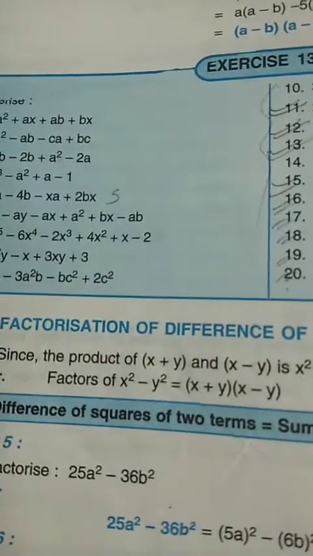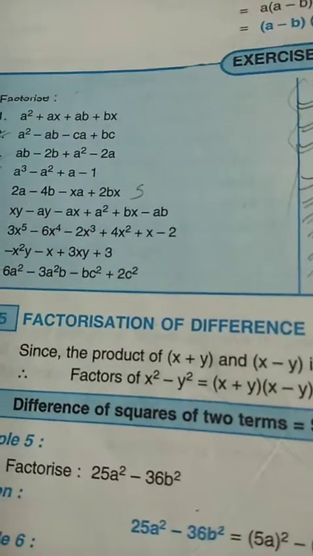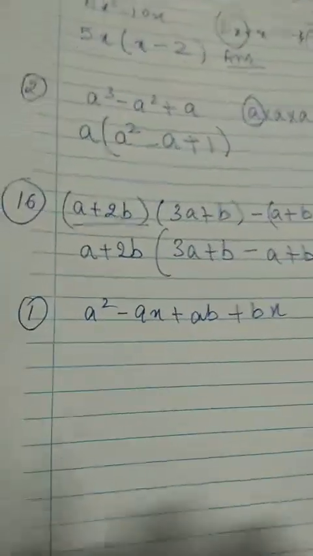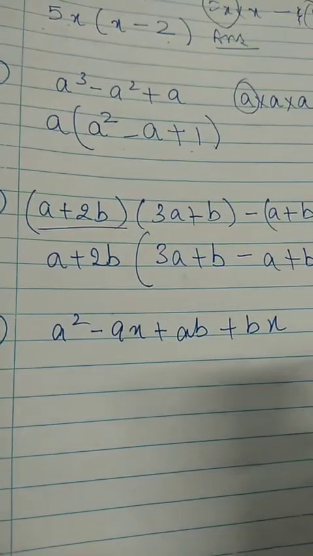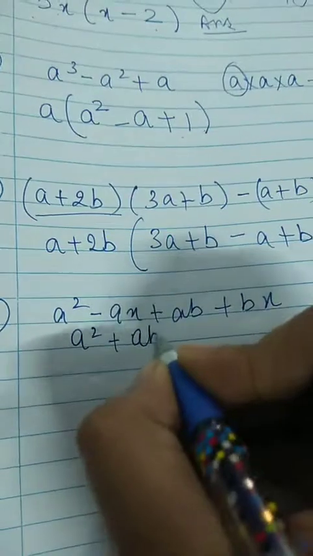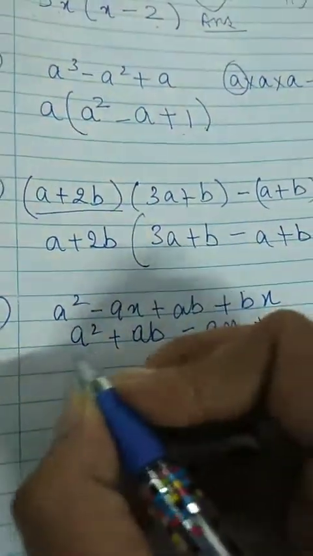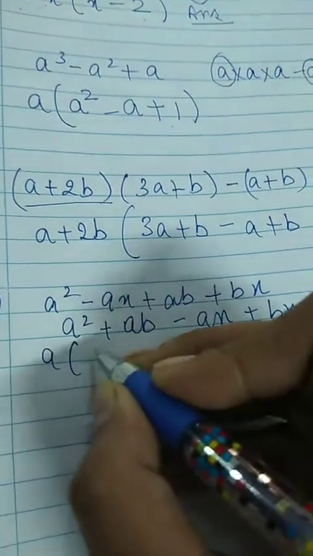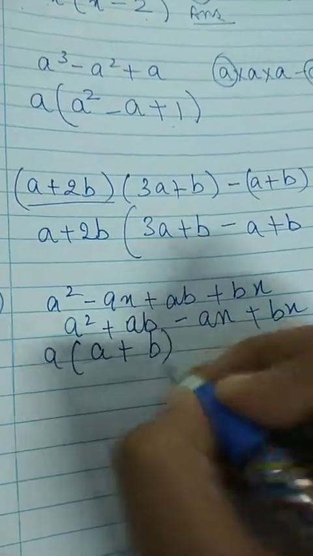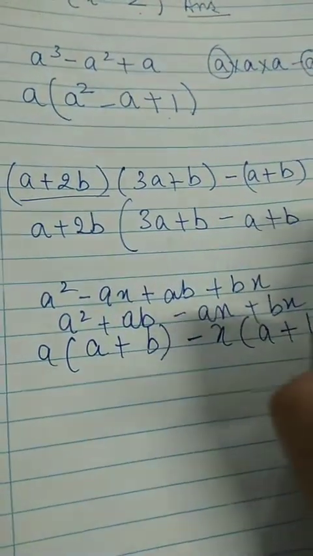You can see question number 1: a square minus ax plus ab plus bx. We can group this as a square plus ab and minus ax plus bx. So we will get a into a plus b, and minus x into a plus b.